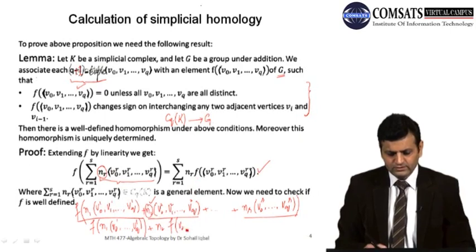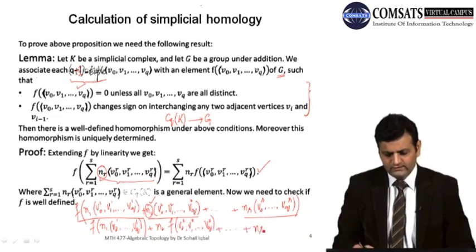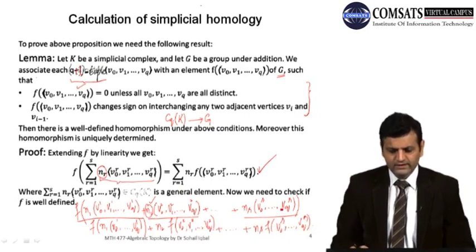So I'm sure now you can write down N1 F of V0 up to VQ1, plus N2 F of V02 up to VQ2, and so on up to NS F of V0S up to VQS. That's our extension.